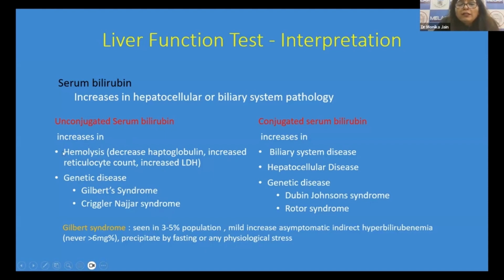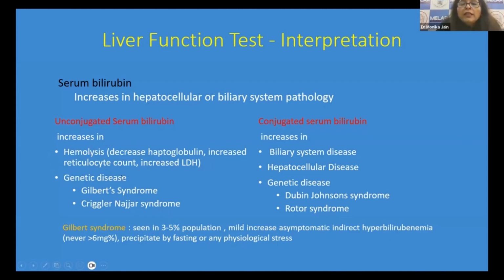To assess hemolysis, we can get other markers like decreased haptoglobin, increased retic count, increased LDH. By looking at these co-parameters, we can say probably some sort of hemolysis is going on in the patient.